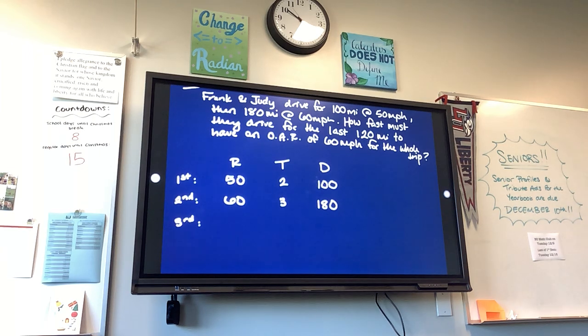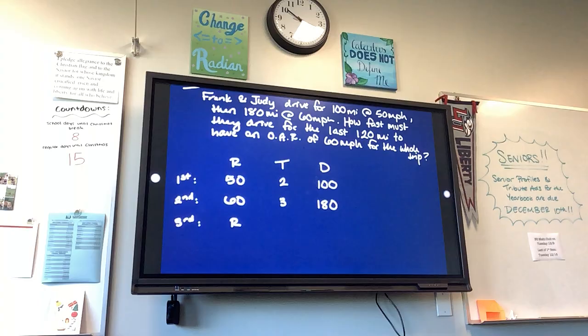3. Okay, so there's those numbers again. Now for the final question. How fast do we need to drive? So what will we be finding? Not the overall, but just the rate. How fast means we're finding a rate. How fast will they need to be driving for the third leg? The unknown, I'll just call it R for rate, perhaps.